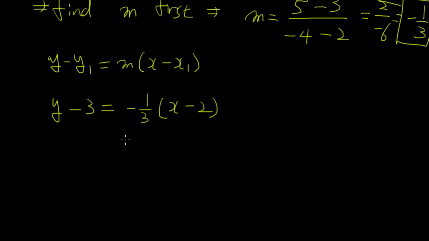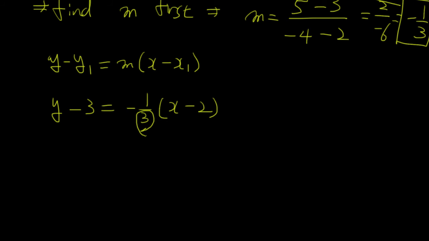I mean, there's more than one way to do this. What I would like to do though, whenever I have a fraction like that, I don't want to deal with it if I don't have to. So I'm trying to get rid of this 3. What do I need to do to get rid of this 3? Well, I need to multiply by 3 on both sides.